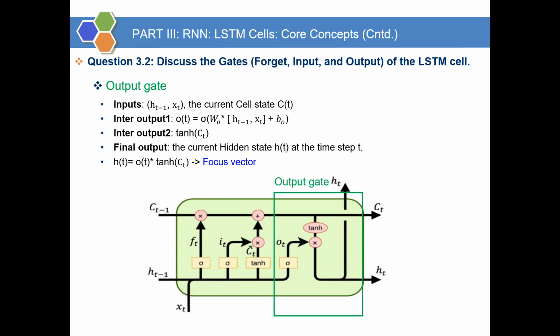Therefore, the output called the focus vector represents the current hidden state HT of the cell at time step t. Overall speaking, the output gate decides what information from the inputs and the new current cell state CT should be used to make the new current hidden state HT at the time step t.